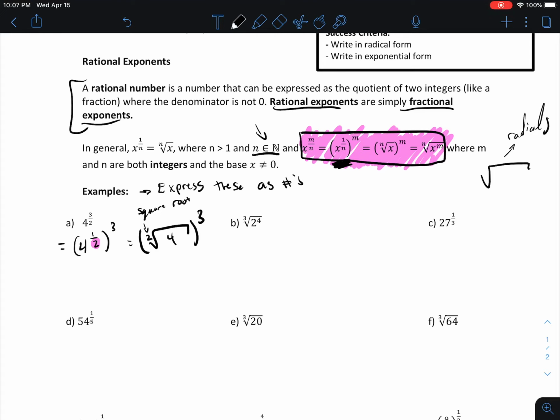So you're going to do the inside first, and then apply the exponent onto whatever's left. Here, the square root of 4 is 2, and then it's cubed, and 2 cubed is 8. That's your answer.